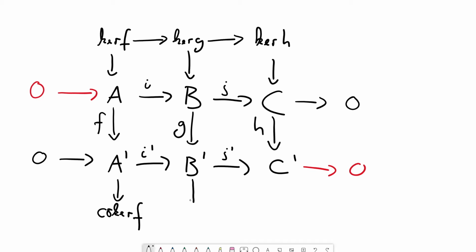Okay, so that's why this is just a projection map, yeah, a projection into a quotient of A prime. And likewise, we here got the co-kernel of G, and here we've got the co-kernel of H.